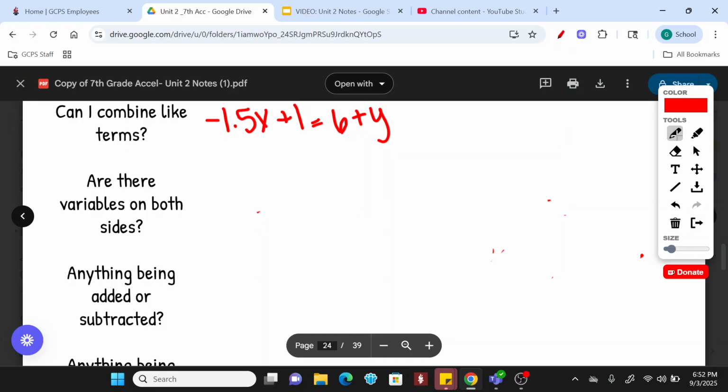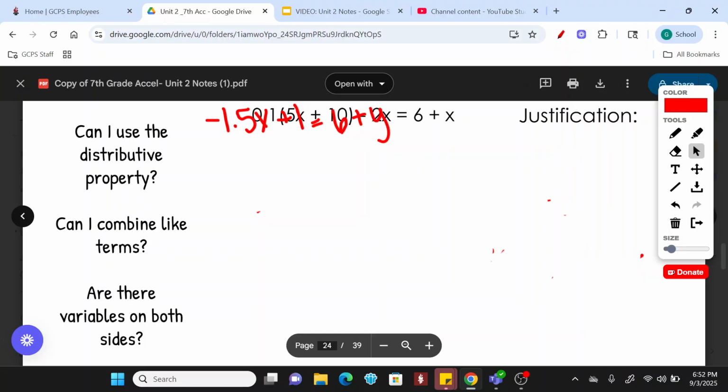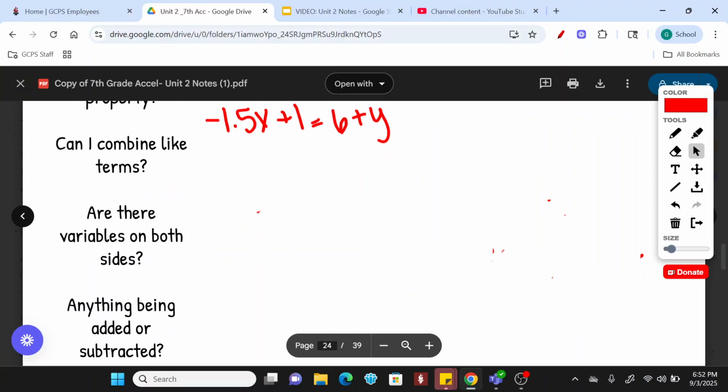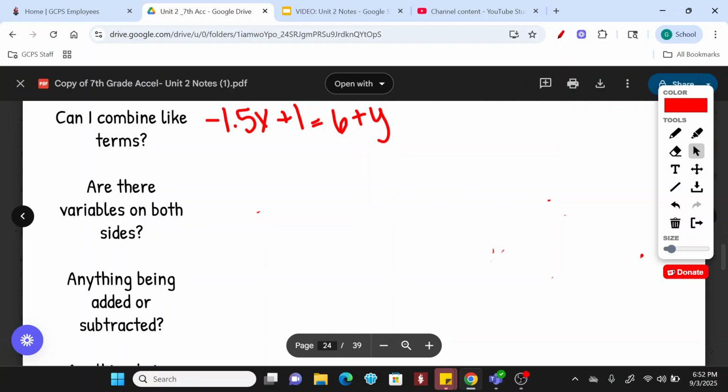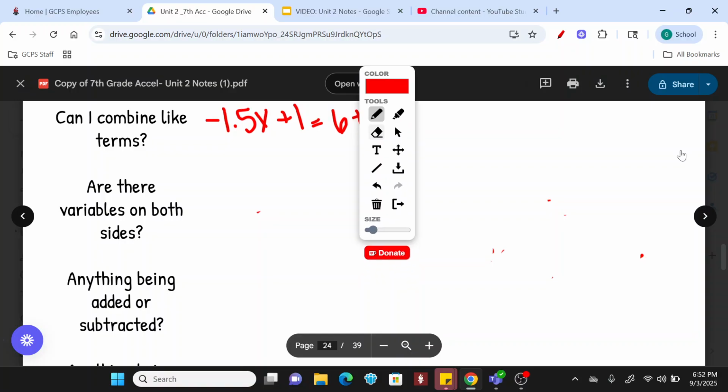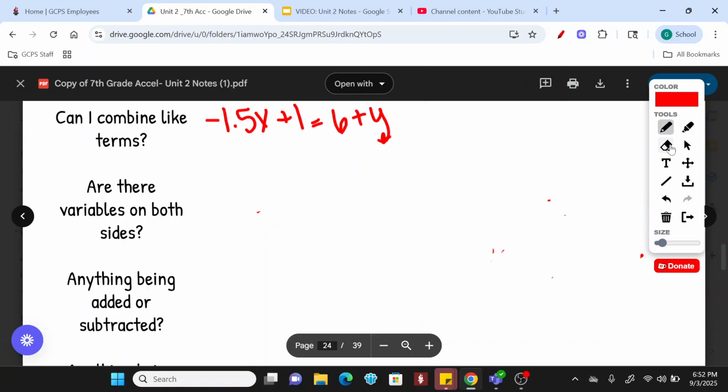So now, are there variables on both sides? Did I accidentally put a Y? Oh, that's an X. Okay, let me fix that. Alright. Let's try this again. Are there variables on both sides?